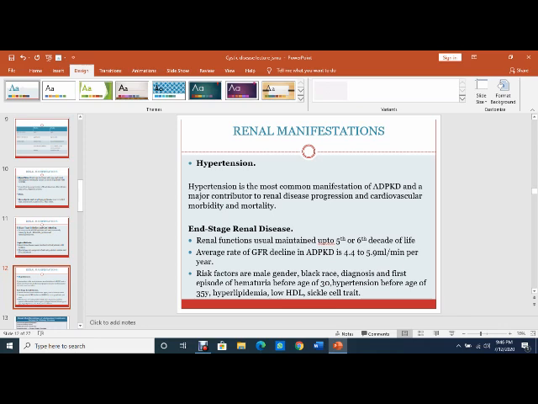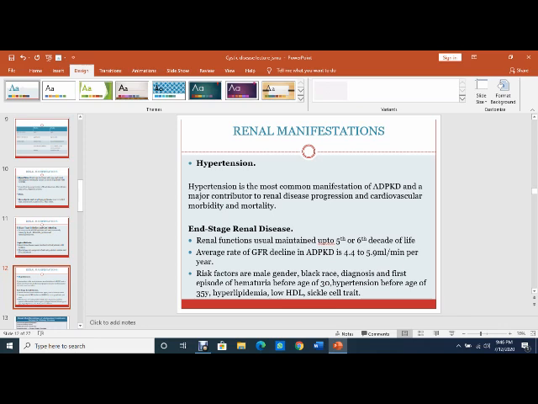If you talk regarding end-stage renal disease, renal function is usually maintained up to the 5th and 6th decade of life. The average rate of GFR decline in autosomal dominant polycystic kidney disease is 4.5 to 5.9 ml per minute per year. But in the normal population, after the age of 40, there is a 1 ml per minute per year decline physiologically.